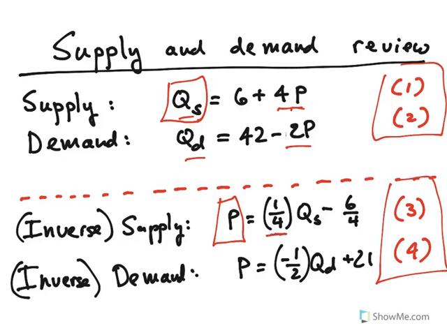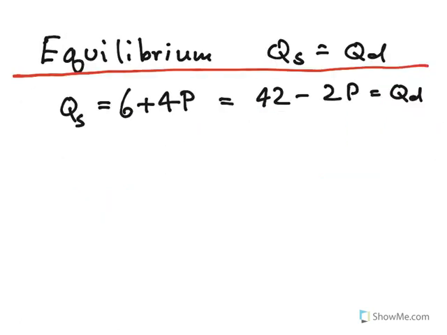The coefficient on the quantity supplied gives you the slope, and this would be the intercept, and the same way with the demand curve. So these are ways to draw the standard supply and demand curve. Sometimes we use 1 and 2, sometimes we use 3 and 4. It really just depends on the context. But they'll give you exactly the same result because they're just rewriting the same thing in a different way.